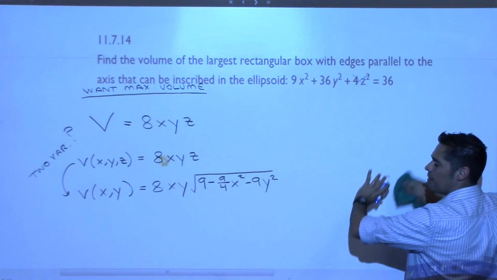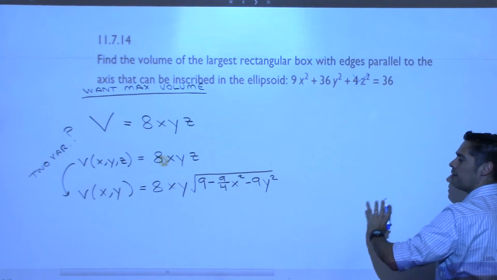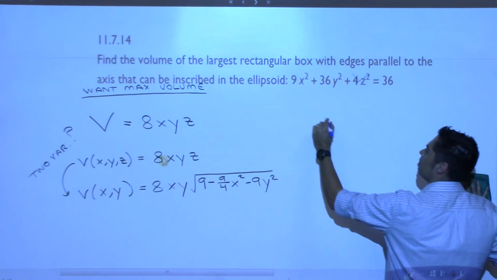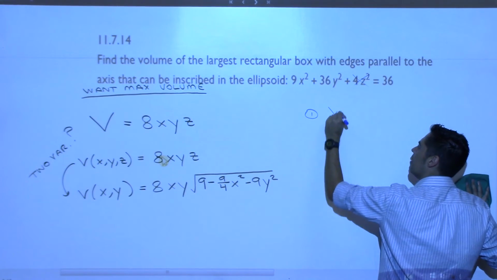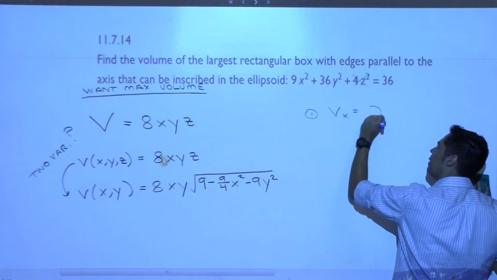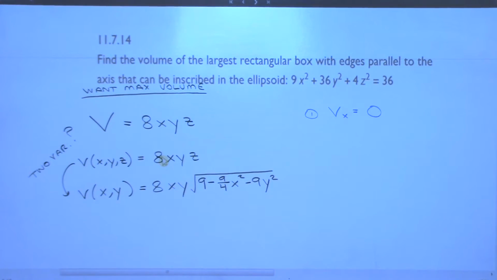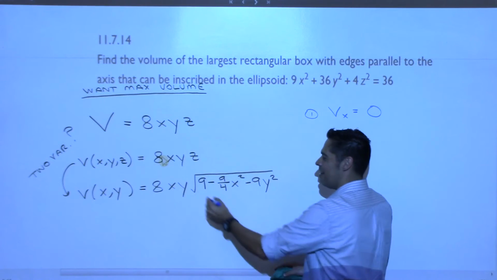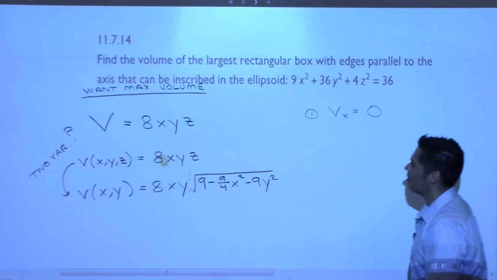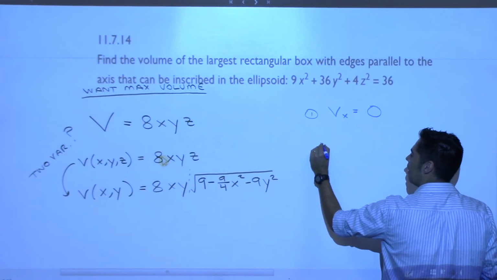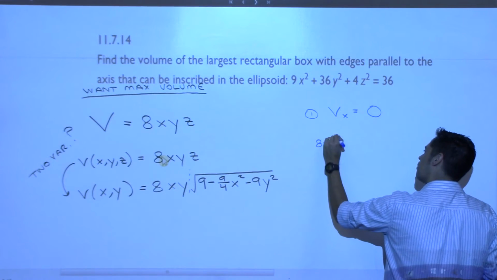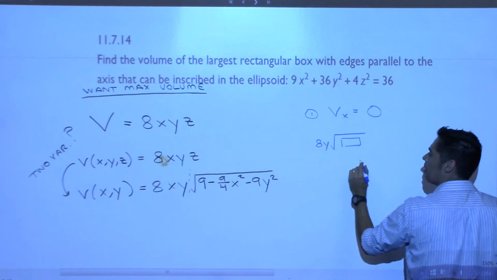All right, starting up, now that we have an idea what the domain looks like, first step, I need to set partial of v with respect to x equal to 0. So what's the partial of v with respect to x? Product rule, yay! So what, 8y, square root of a bunch of junk, right?